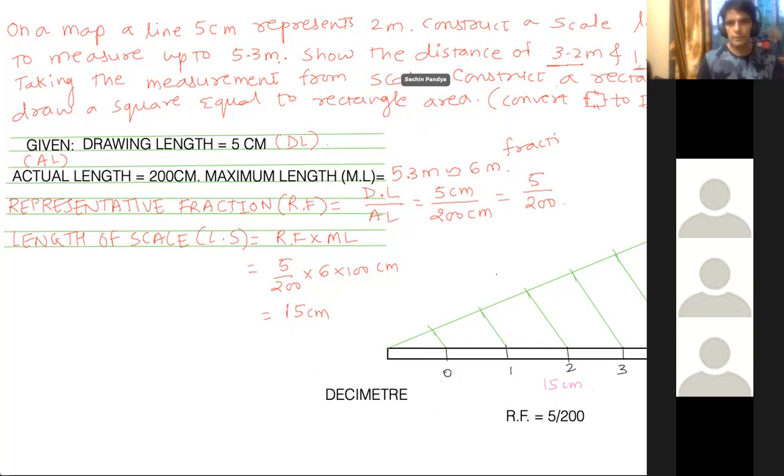Now we'll divide the first block into how many parts? 10 parts. So we'll draw an angle. We'll cut 1, 2, 3, 4, 5, 6, 7, 8, 9, 10. This angle is 60 degrees or 45 degrees, whatever you want. This angle is 30 degrees. This is for your reference. And then you join 10 to O, and you draw a parallel line.